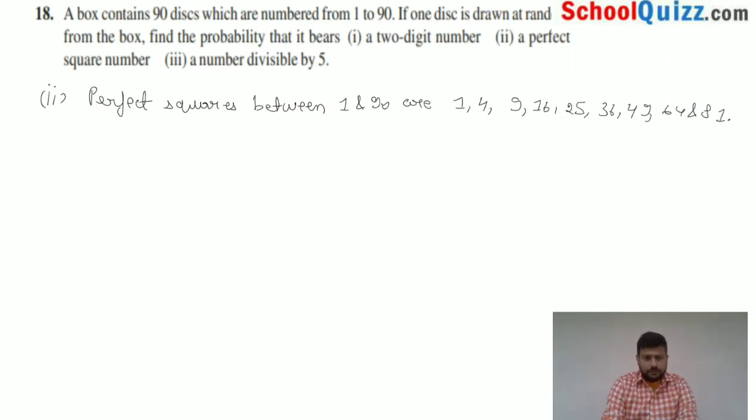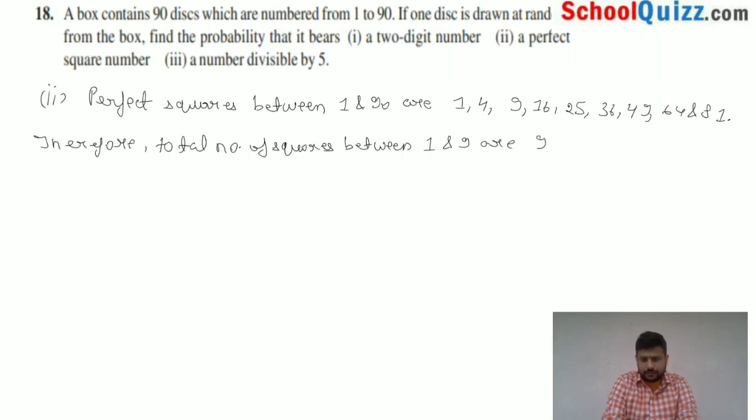Therefore the total number of squares between 1 and 90 is 9. We have 9 perfect square numbers.